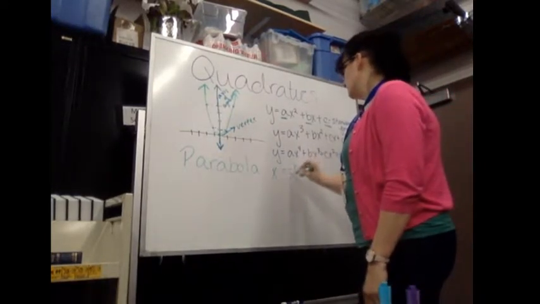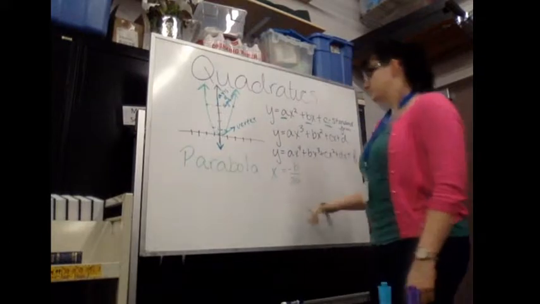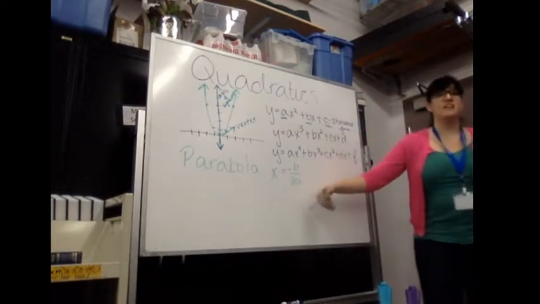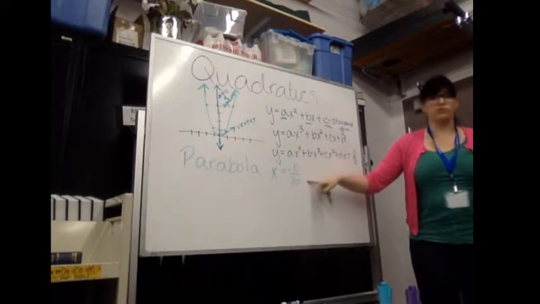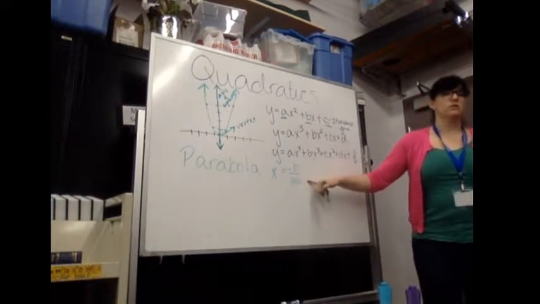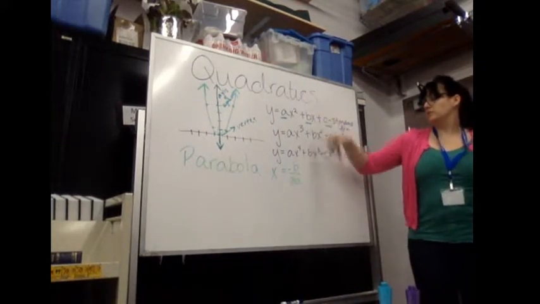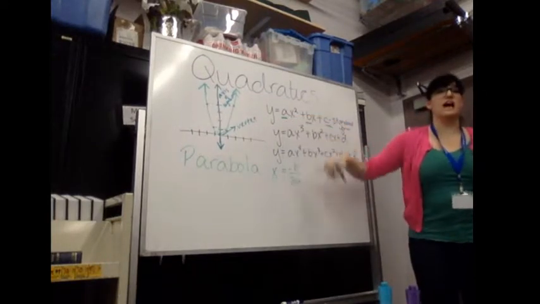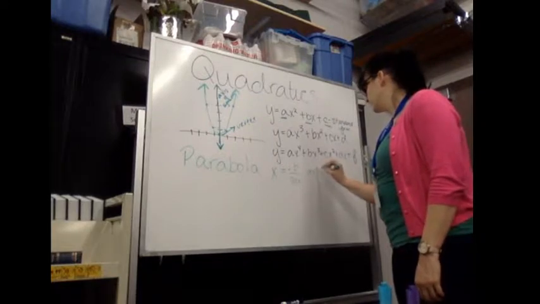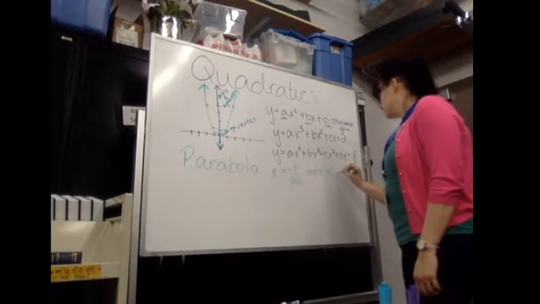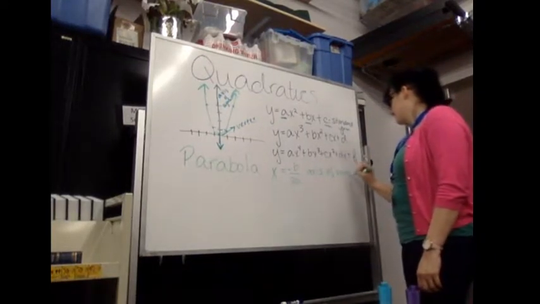X is a constant. To find the axis of symmetry for any quadratic equation, it's negative b over 2a. Negative b over 2a is the axis of symmetry. This stuff is supremely important for this chapter.